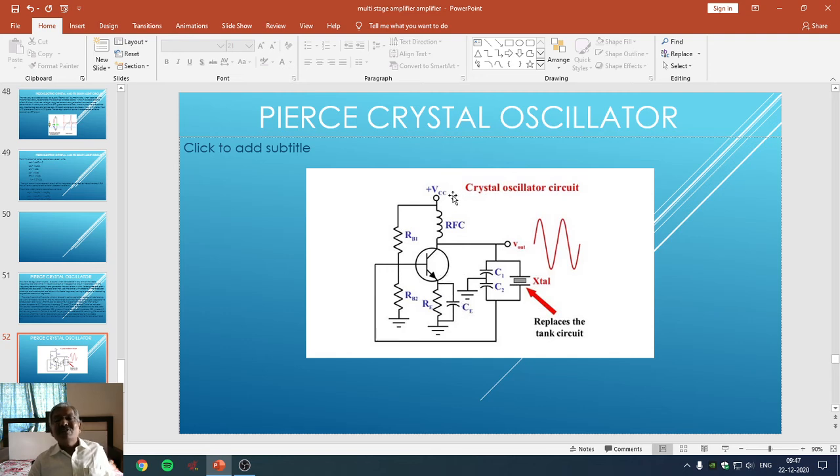Hence, both the conditions of the Barkhausen criteria are satisfied, and stable sinusoidal oscillations are sustained in this oscillatory circuit, which are produced at the collector and can be represented in this particular form. How does this circuit work? We know the working of the Colpitts oscillator. The same working is utilized.